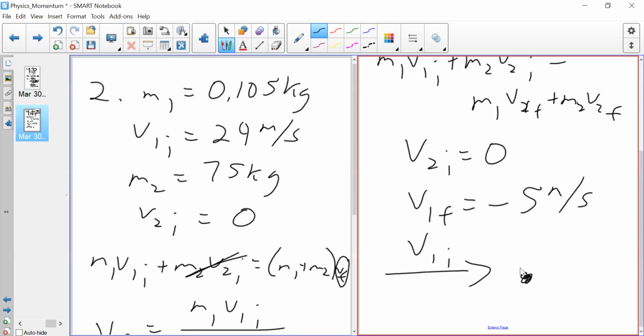We can't really do it in the standard elastic collision form because we're not given an initial velocity of the bullet. We know that the steel ball is at rest. So the initial momentum in context with the information has to be 0, because we don't have the initial velocity for the bullet. So V1 initial must be 0.